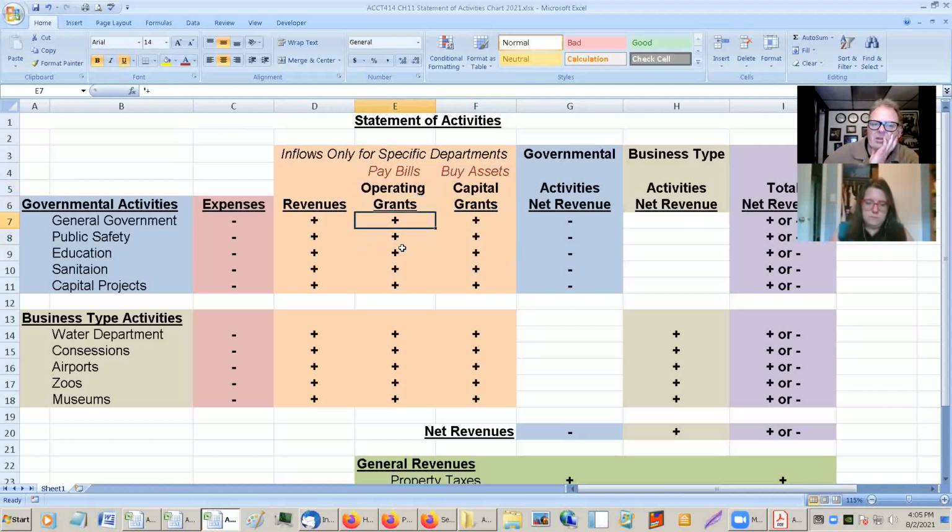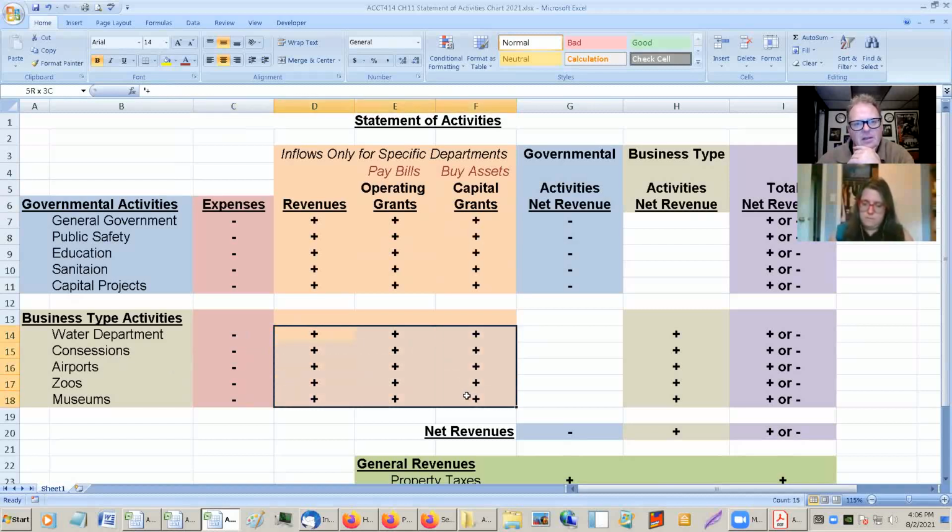We split those up so that you'll know whether these can be used for buying equipment or to actually pay the bills. And we do the same thing down here for the water department, concessions, airports, whatever. And so all these revenues and grants will be money coming in.